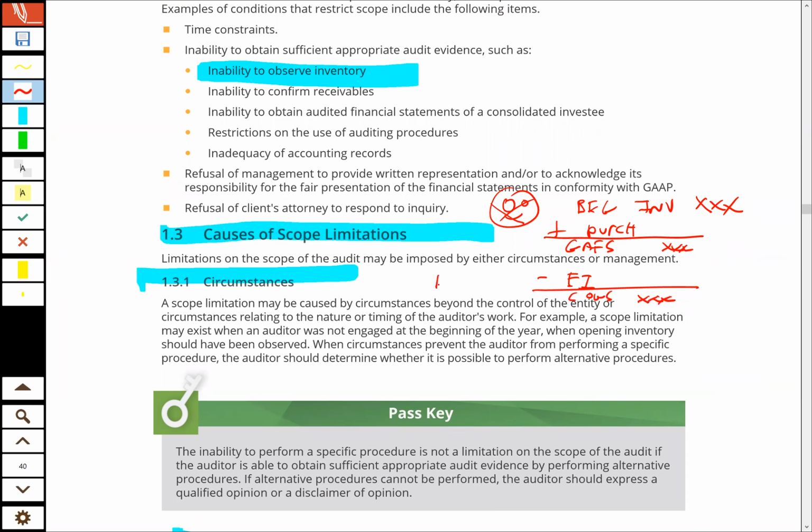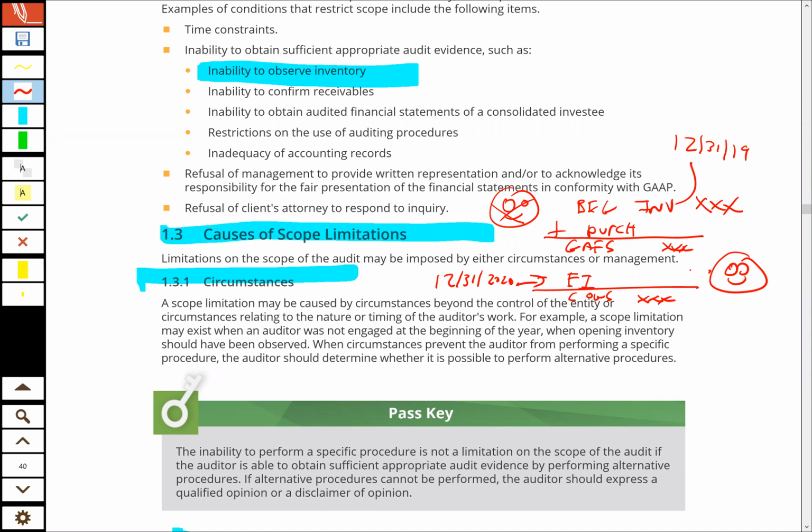Now, this beginning inventory would have been taken at 12/31/19. The next day is 1/1/20. And then the ending inventory is taken at 12/31/20, if we make it to the end of this year, the way we're going. So you would be able to observe the ending inventory, because you were hired in February of 2020 and were around at year end.